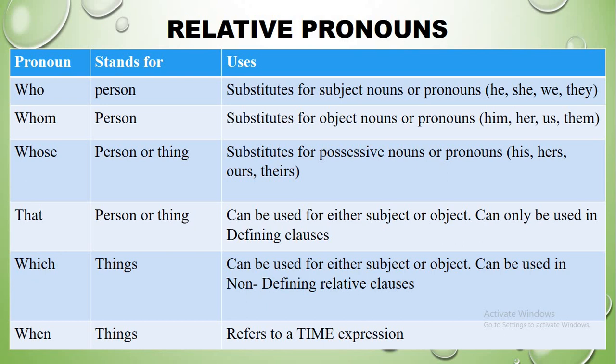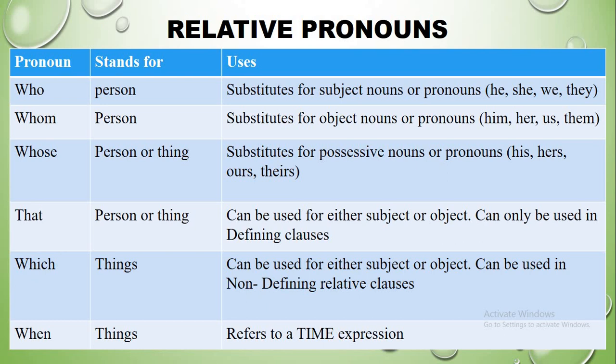Whom stands for person, it substitutes for object nouns or pronouns him, her, us, and them. Whose stands for person or thing. It substitutes for possessive nouns or pronouns his, hers, ours, theirs.